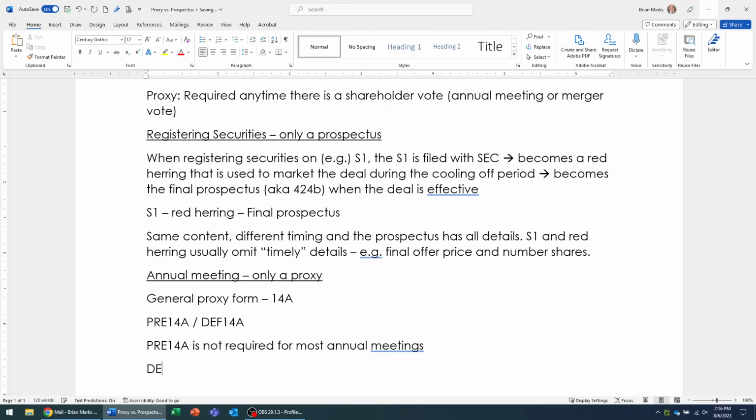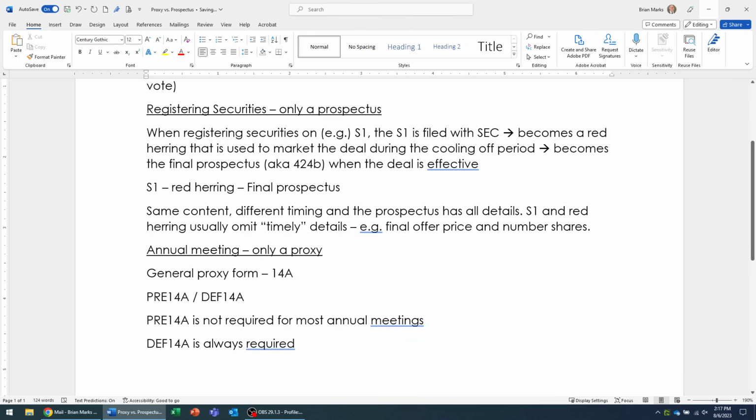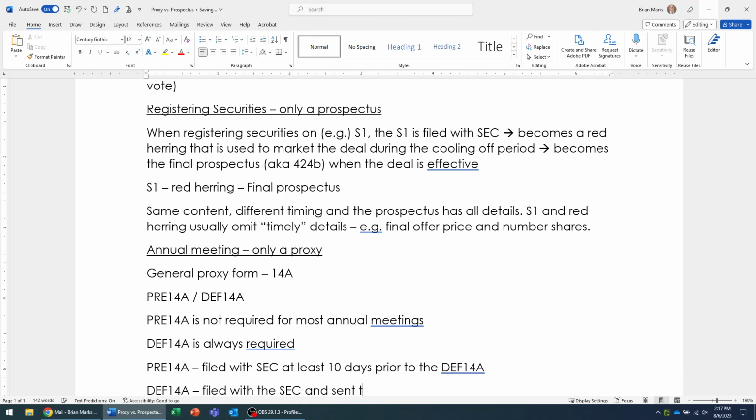A definitive proxy is always required. And the timing, if there is a preliminary, the preliminary proxy is filed with the SEC at least 10 days prior to the definitive proxy, definitive 14A, and the definitive proxy is filed with the SEC and sent to shareholders at least 20 days prior to the meeting.